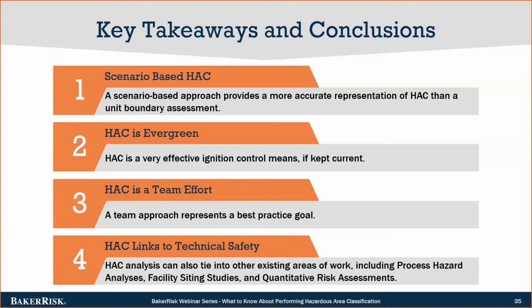Secondly, hazardous area classification is evergreen. By this we mean it's not a condition that you do it once, put it in your file cabinet and forget about it. Hazardous area classification is a very effective ignition control means, but it must be maintained currently.